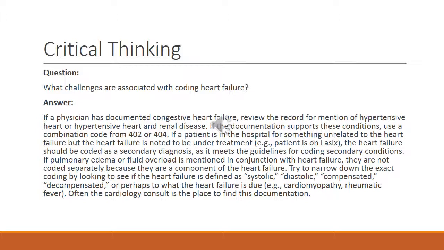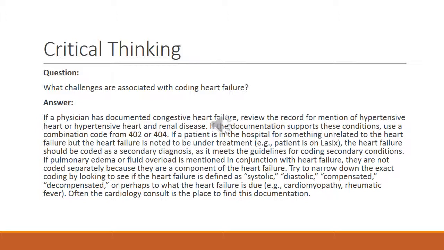If a patient is in the hospital for something unrelated to the heart failure, but the heart failure is noted to be under treatment, such as patient is on Lasix, the heart failure should be coded as a secondary diagnosis, as it meets the guidelines for coding secondary conditions.